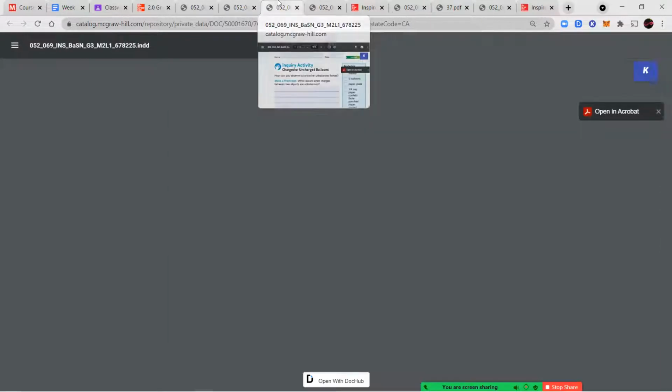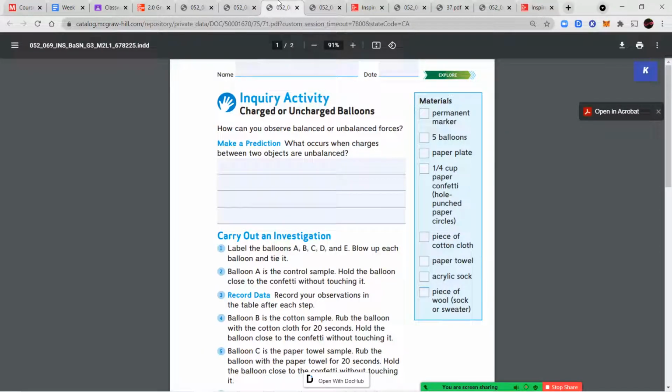Once you've completed answering these questions, we're going to take a look at your inquiry activity on the following page. For this activity, we're talking about charged and uncharged balloons. So what does that mean? We're going to do some investigating. You're going to explore what happens when charges between two objects are unbalanced.